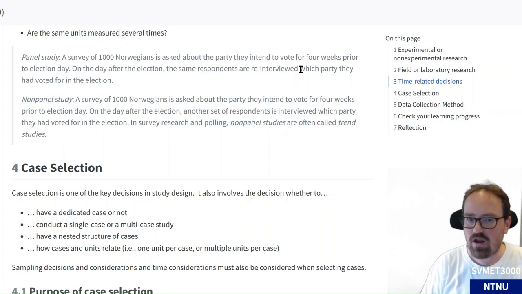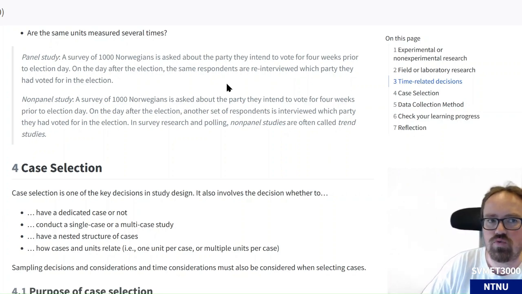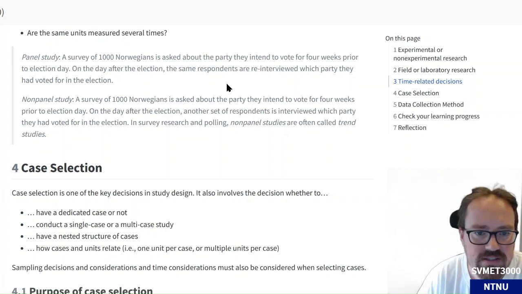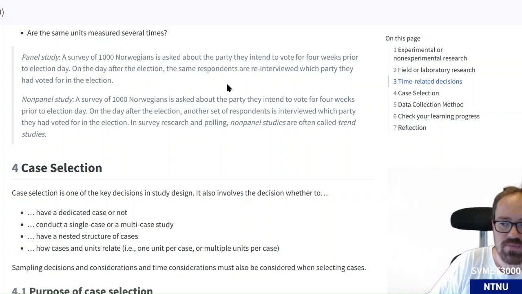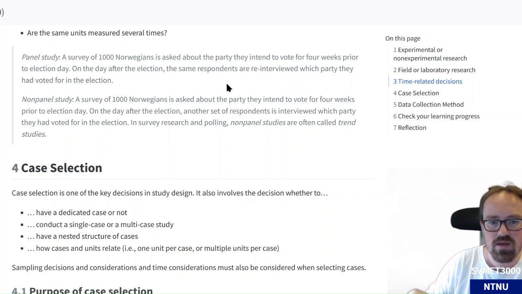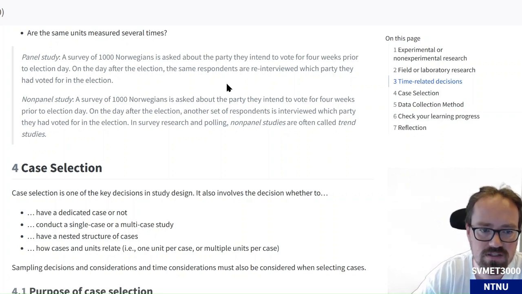So this is again a good way to come towards causality. Not as strong as the experimental evidence, of course, but if we know what happened to an individual in these 4 weeks between the first and the second interview and see how they changed their decision, we might come close to identifying the possible causes for this change in the decision.